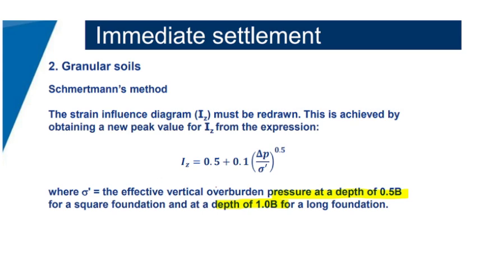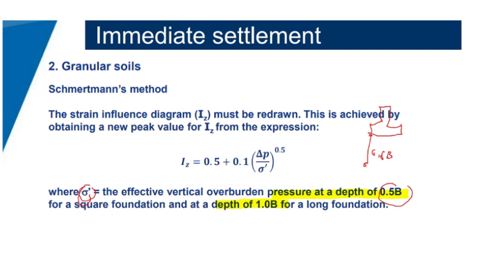So in Schmertmann's method, this strain influence diagram must be redrawn so that we could identify the exact value of your IZ, where this effective overburden pressure should be at a depth of 0.5 B from the footing. So here should be 0.5 of B that we are going to compute for this effective pressure.